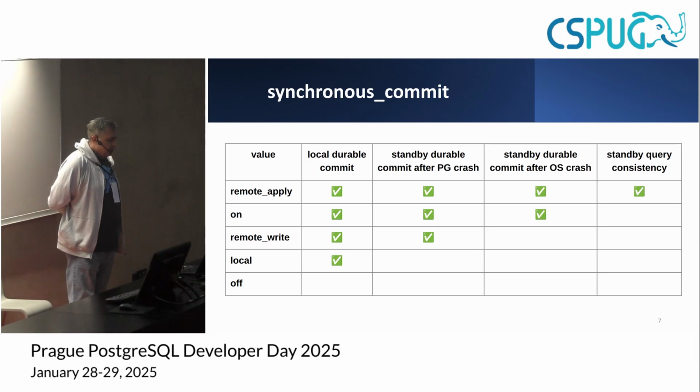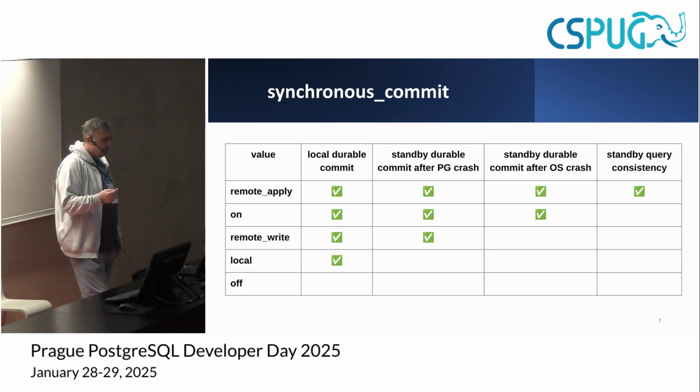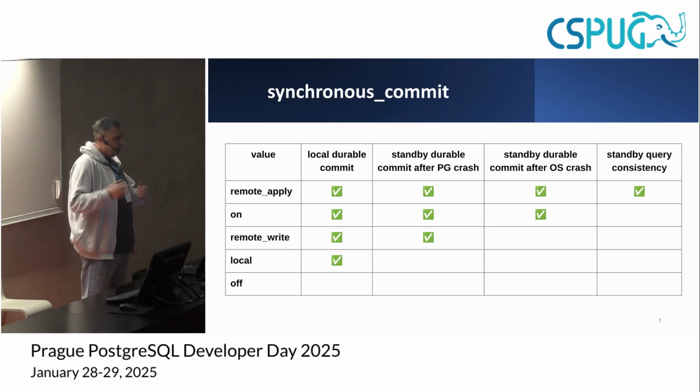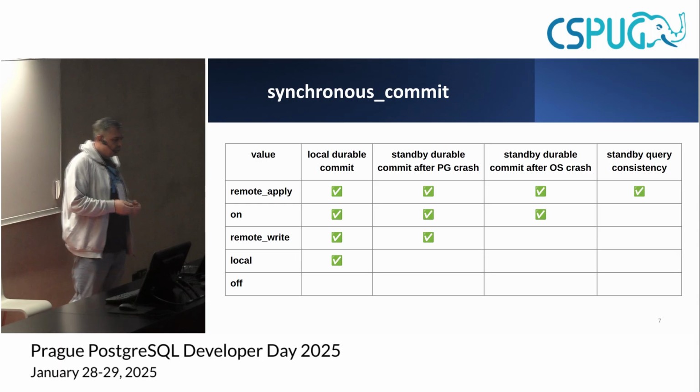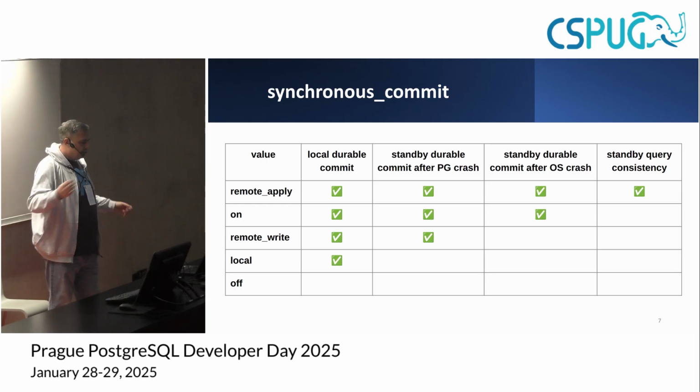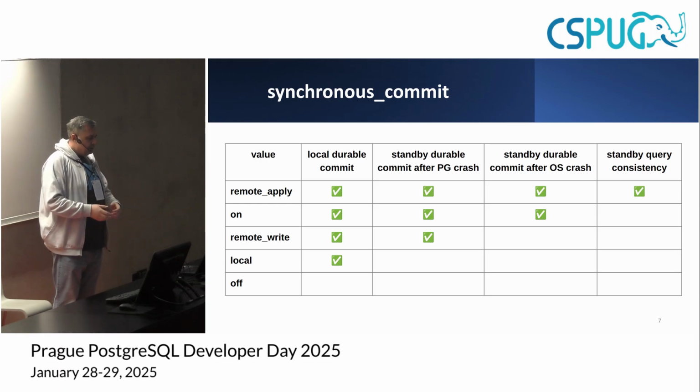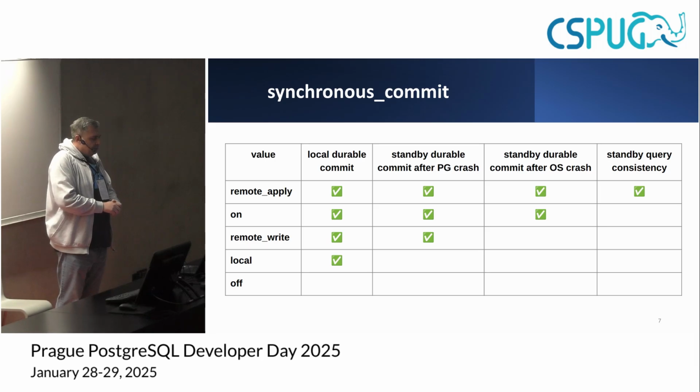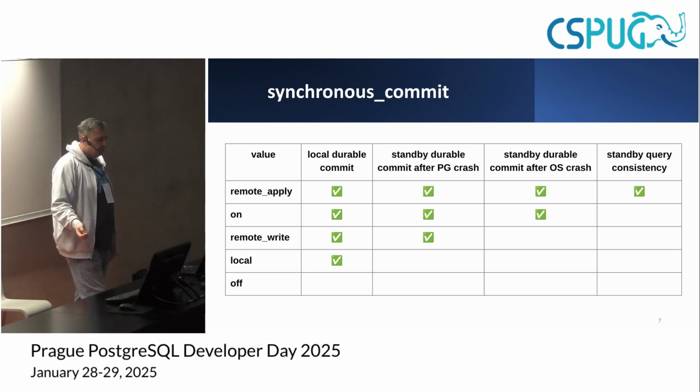synchronous_commit is, in fact, an enum which can accept five possible values, and depending on those values, you may get different behavior. If you set synchronous_commit to off, primary will report a transaction as successfully committed even without writing it properly to disk.